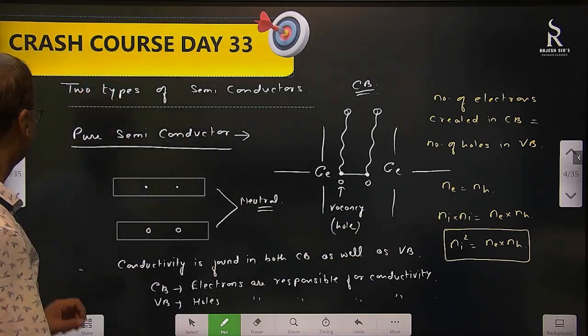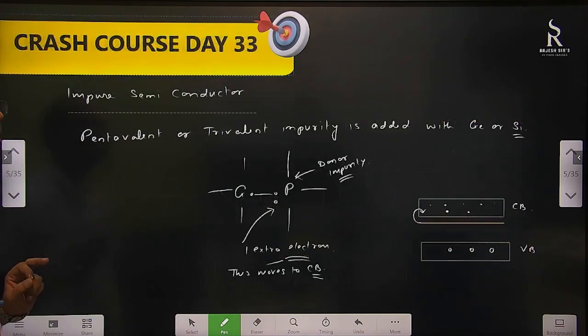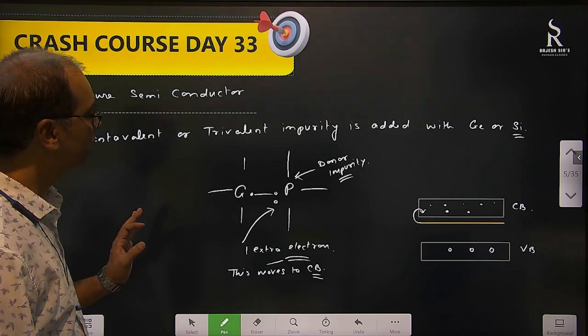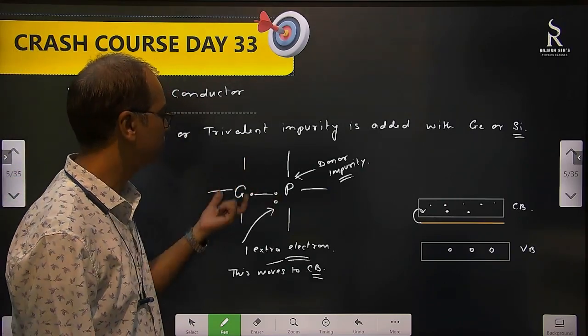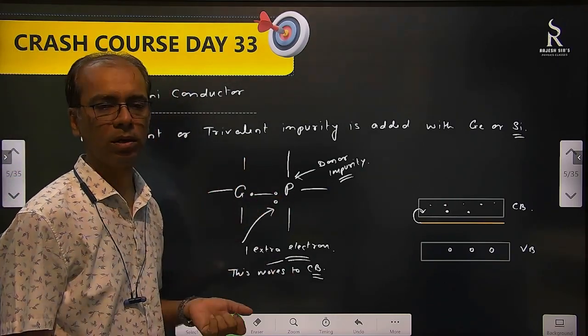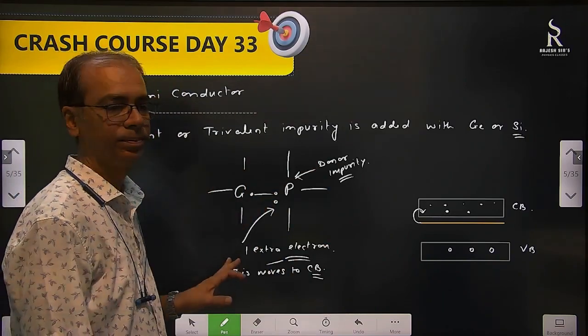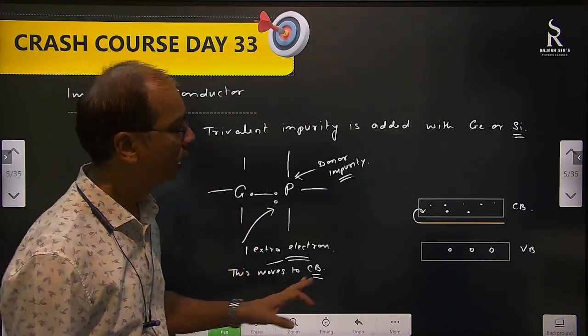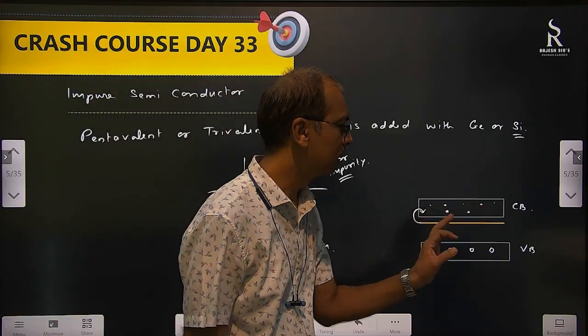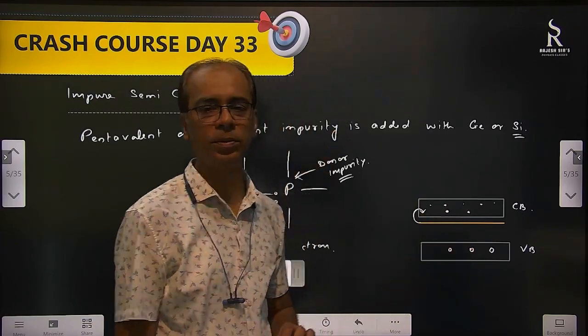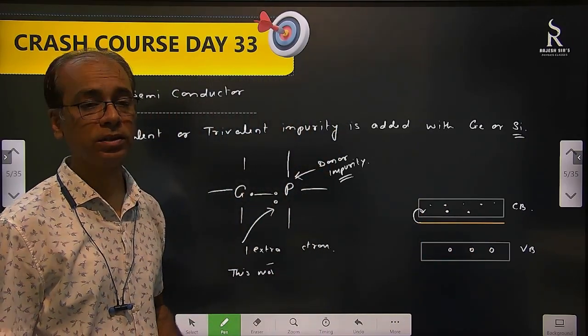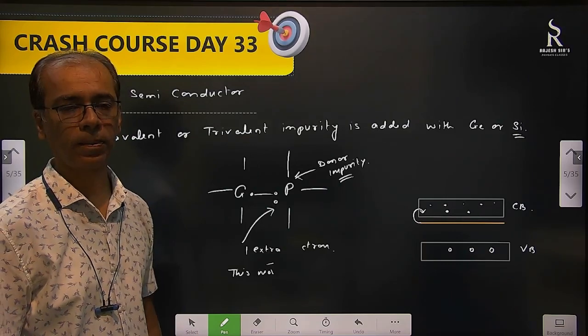Okay, now let's talk about impure semiconductor. When you mix these two, this was neutral and this was also neutral. Now this is what we are getting. You are getting electrons in conduction band. There are holes in valence band. Is it still neutral? Answer is yes. It is still neutral.